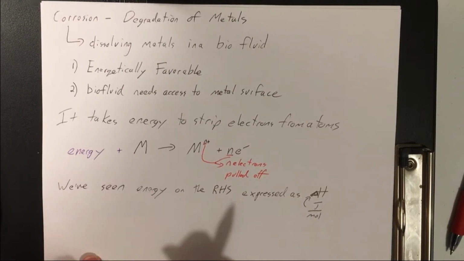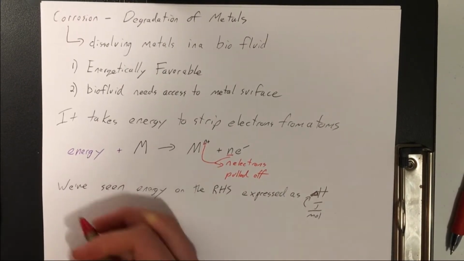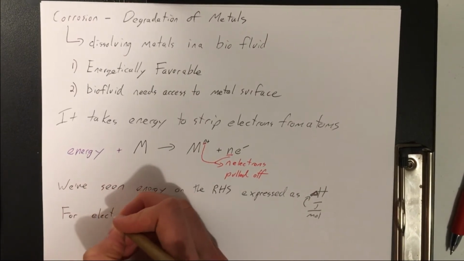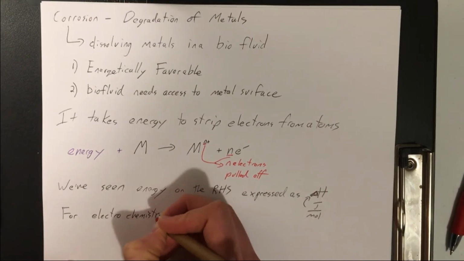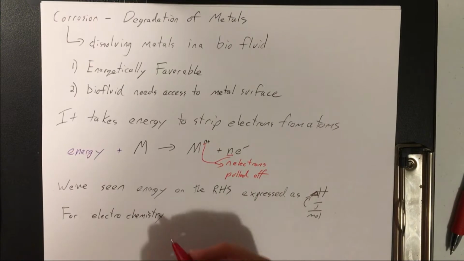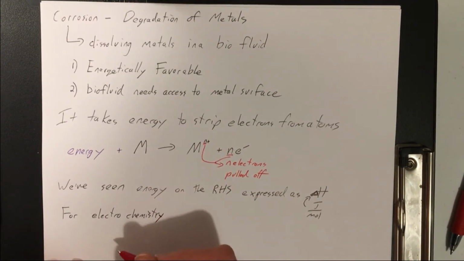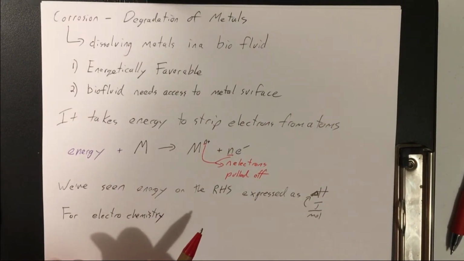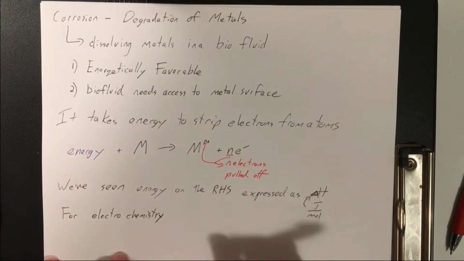In contrast, it's a slightly different story when we're talking about electrochemistry. For electrochemistry, we could certainly talk about things in terms of enthalpies, but there are two key features of electrochemistry that make our bookkeeping easier if we keep track of this energy in a different way.